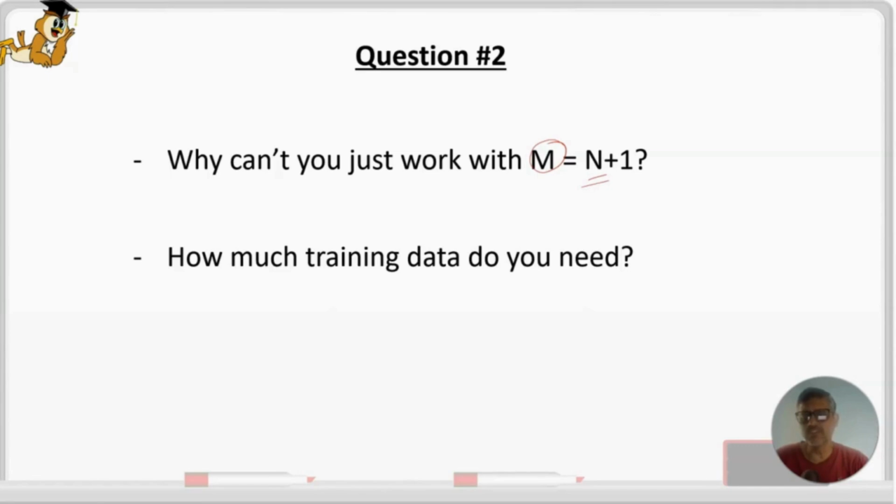This is one of the things that we will address there. So while I don't have an answer to this question in this lecture right now, I think intuitively we all agree that m equal to n plus 1 is just going to be too little. Our gut feel is that it simply should not be used, because those could be outliers, or that's just too little data.